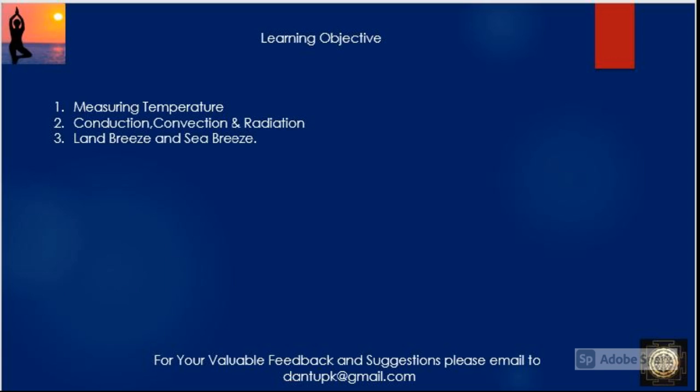In our day-to-day life, we come across a number of objects. Some of them are hot and some of them are cold. For example, tea is hot and ice is cold. How do we find how hot or cold an object really is?